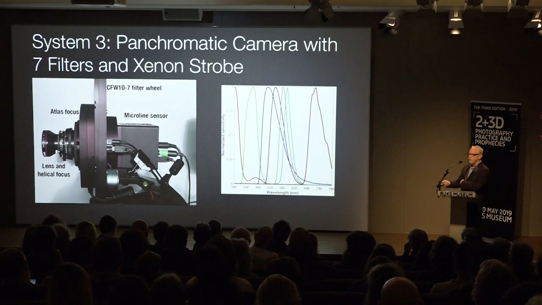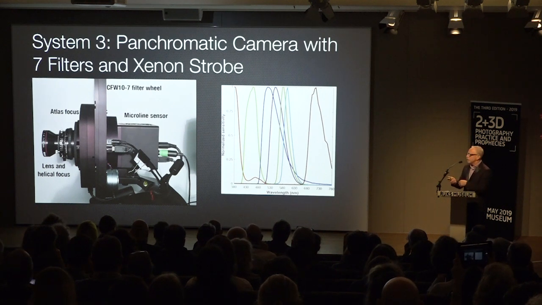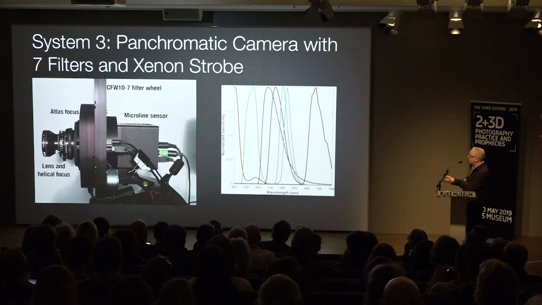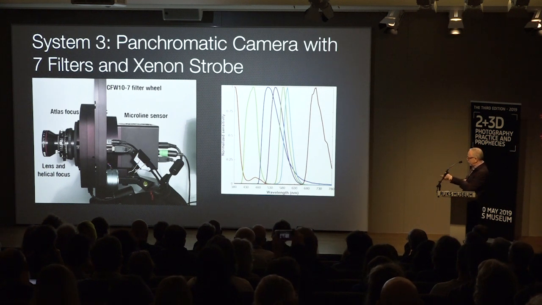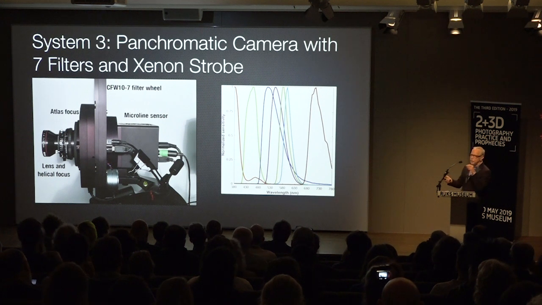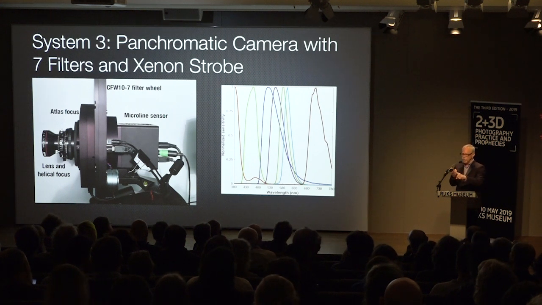Third system, this is what I described 2 years ago, is a panchromatic camera, or more commonly, we just call it a monochrome camera. So depending on who I'm talking to, I don't want to get beat up for that. And it's got 7 filters, and again, everything so far is a xenon strobe. And so these filters had been designed not just for spectral, but for spectral accuracy, color accuracy, and low image noise.